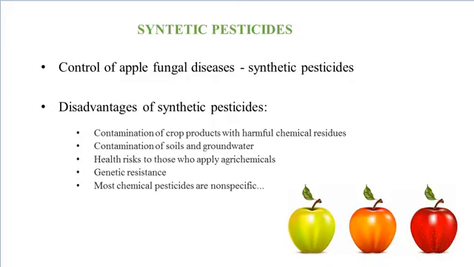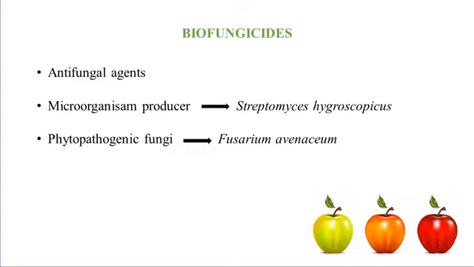Because of all the above, in the last few years the focus has been on the search for alternative methods that can reduce the use of toxic agrochemicals, and one of the options is the usage of beneficial microorganisms.